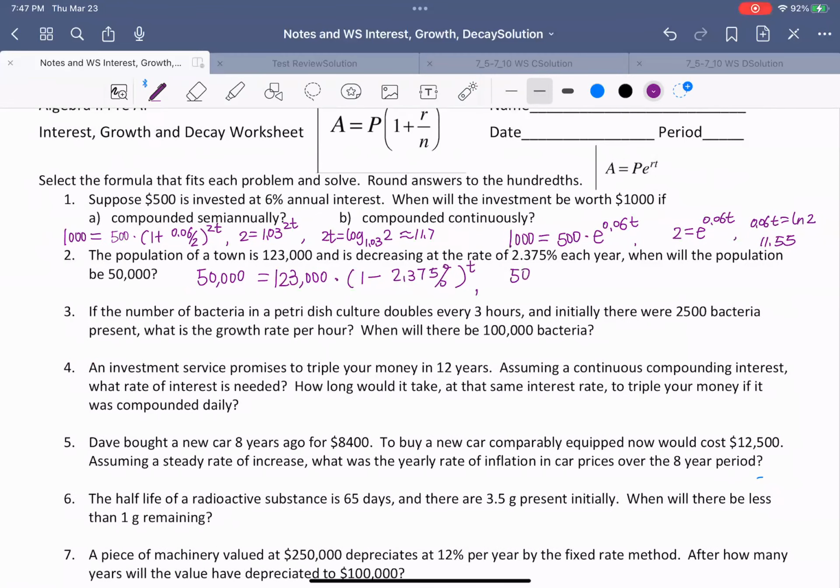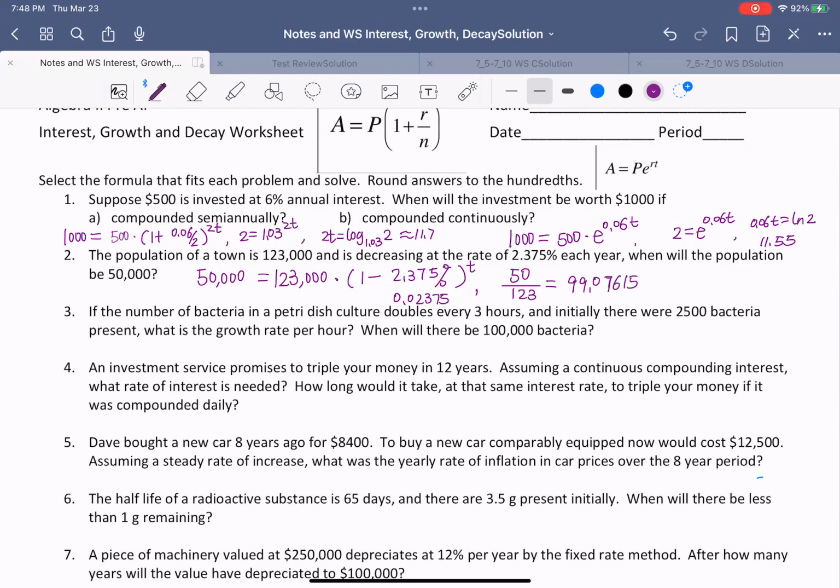We have the thousand cancel, so you just have 50 over 123, right? Yes. Equals 1 minus this. So this is 0.02375. If we subtract it, it's going to be 99.07615.